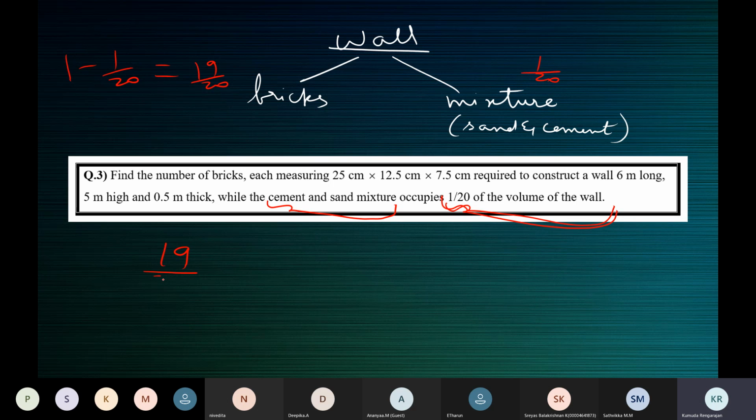It's given that 1/20 of the volume of the wall is occupied by the sand and cement mixture, so 19/20 of the volume of the wall is occupied by all the bricks. That is the volume of all the bricks.